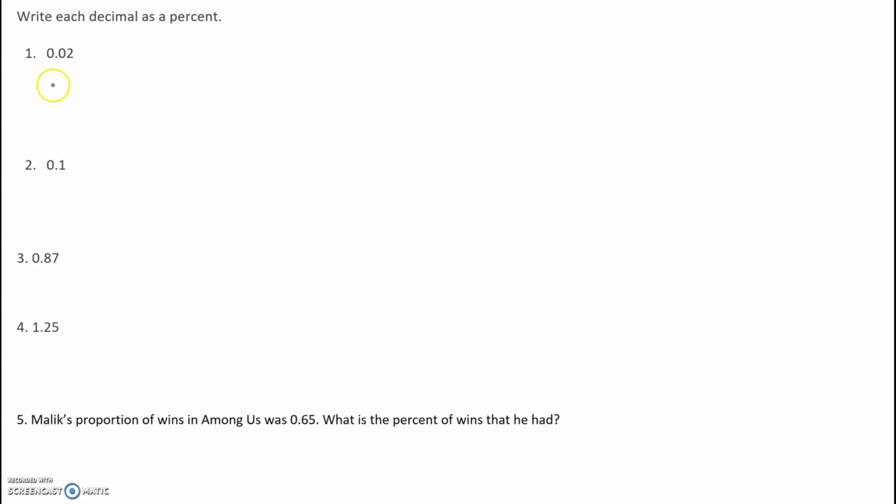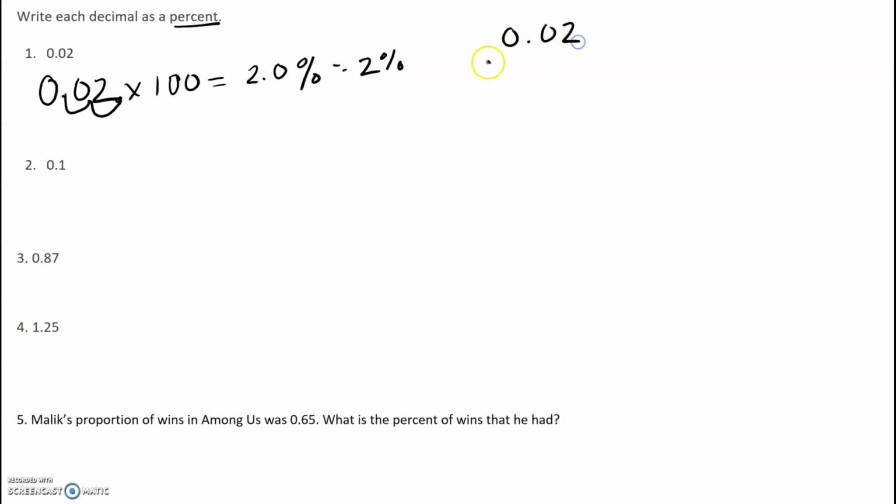0.02. Anytime I'm solving a decimal, like 0.02, and I have to turn it into a percent, I multiply by 100. Multiplying by 100 means I move my decimal point 2 places to the right. So if I move that 2 places to the right and write this as 2.0, it's 2%. I could check that by doing 0.02 times 100.